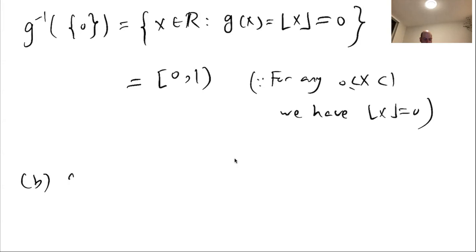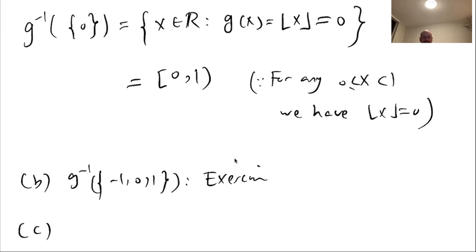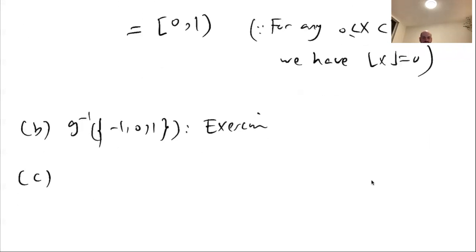So part B, g inverse of the set {-1, 0, 1}, let me leave this as an exercise. Part C, g inverse of this set: the set of elements x such that x is bigger than 0 and less than 1.